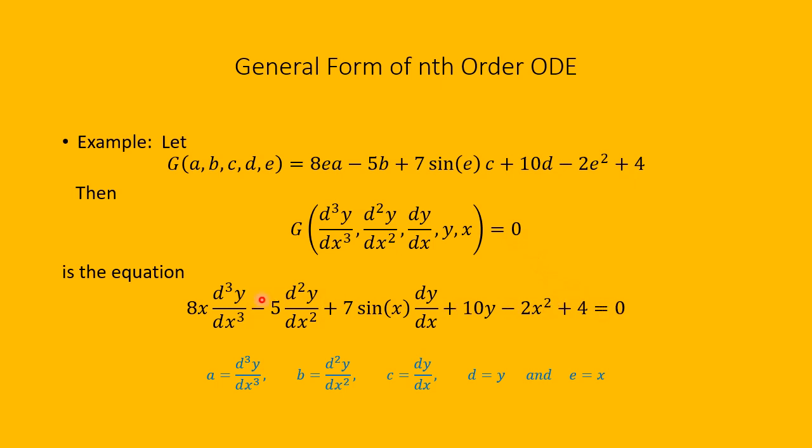So what we see here is a third order differential equation. And we did it by looking at this formula up here and this equation, and we made the substitutions that a was this third derivative of y, b was this second derivative of y, c was this derivative of y with respect to x, d was y, and this e was x.